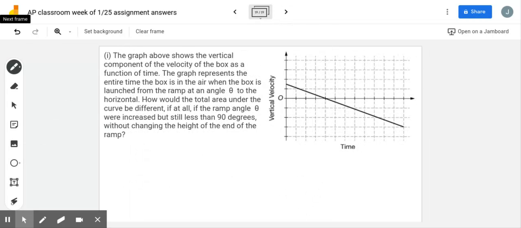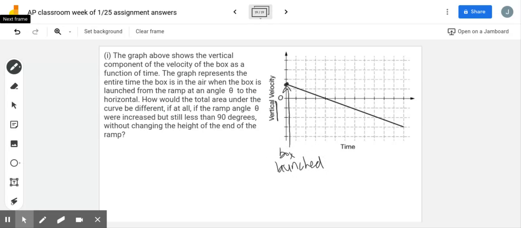Okay, last part. The graph here shows the vertical component of the velocity, vertical velocity as a function of time. It represents the time the box is in the air, from when the box was launched. So right here, I'll put box launched, end of ramp.